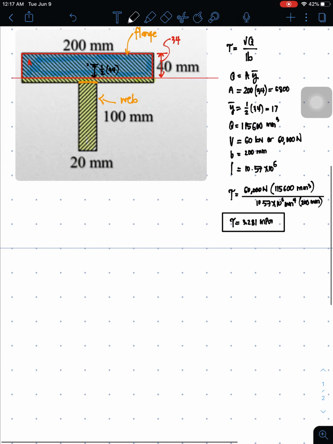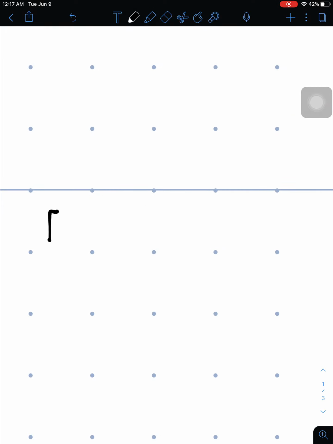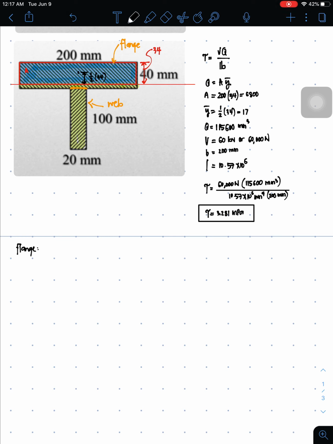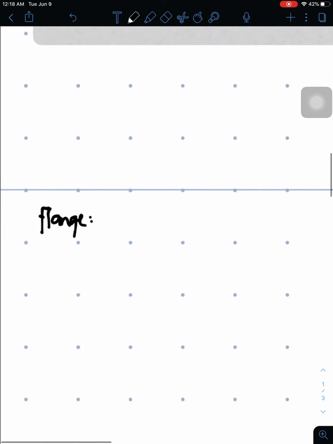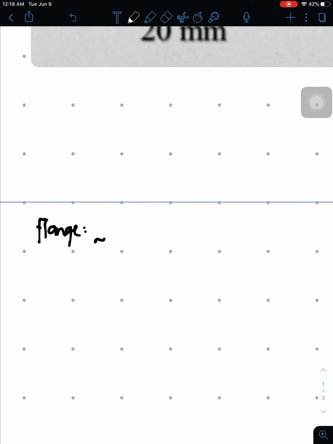So okay, let's consider first the flange.